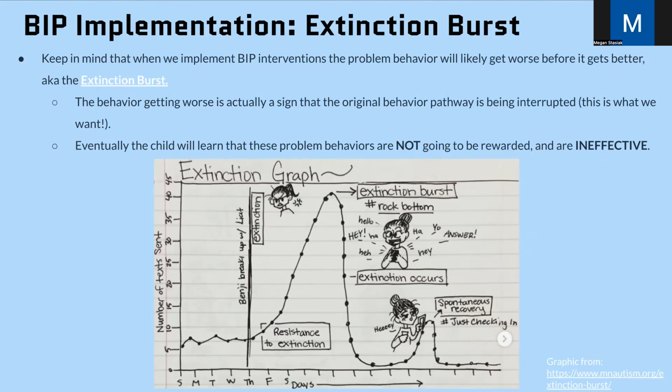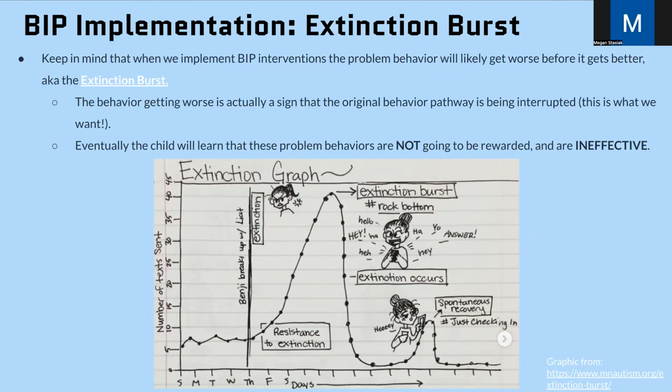One other thing we want to keep in mind with this is some of our kids might have bigger extinction bursts than others. So, kind of like what we talked about, we have safety concerns with physical, verbal outbursts, destruction, things like that. We might need to consider in the crisis plan how to support this.